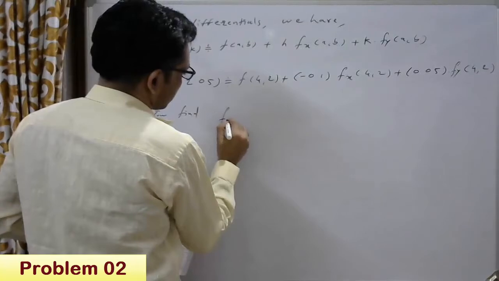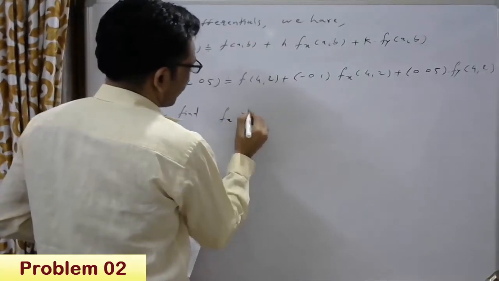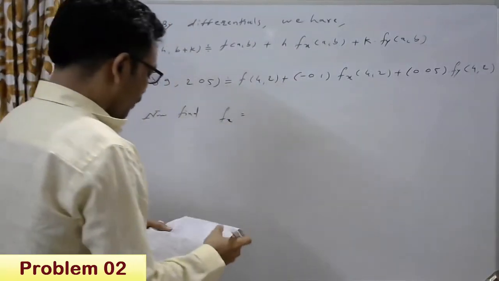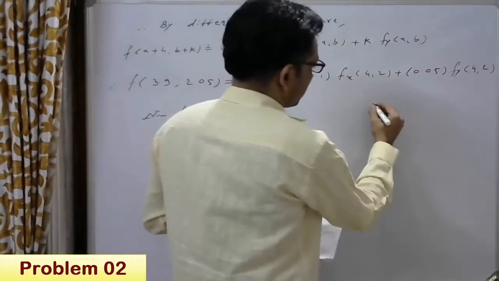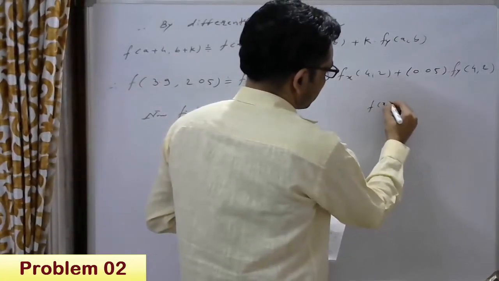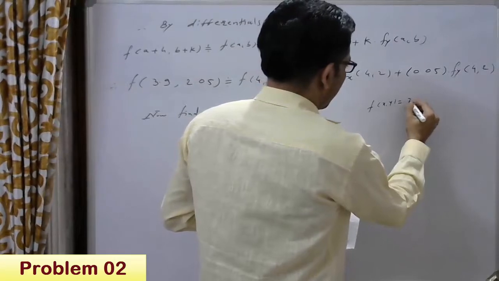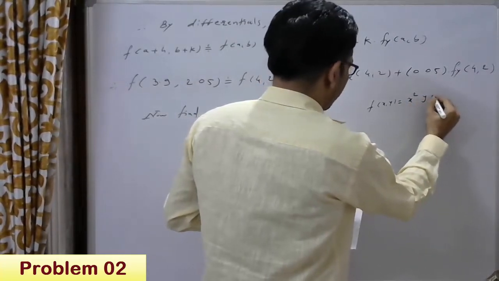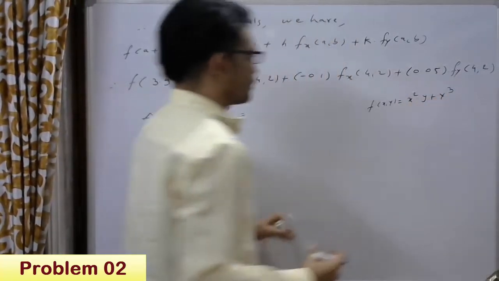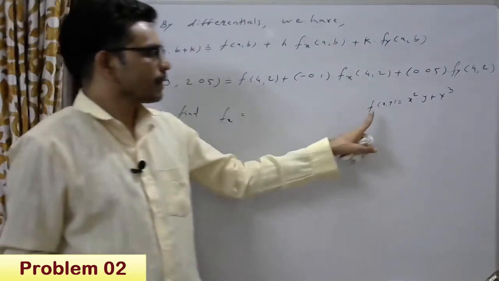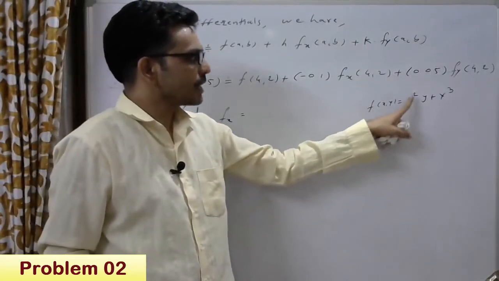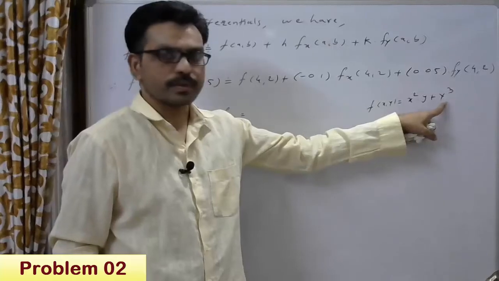f_x. Our given function f is x squared times y plus y cubed. The function f(x, y) is equal to x squared y plus y cubed.